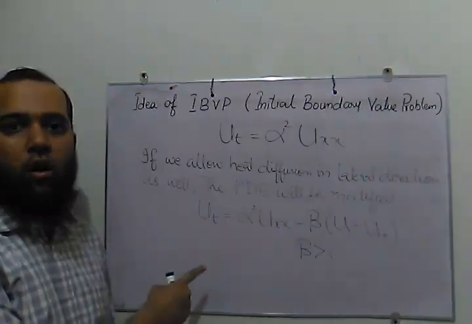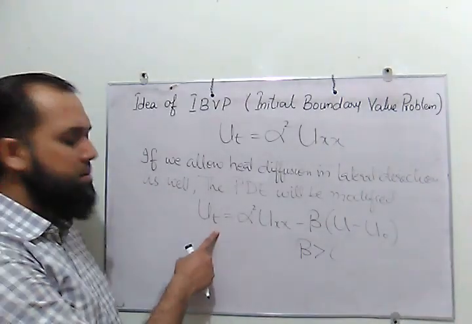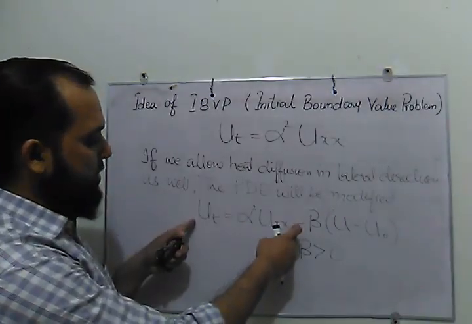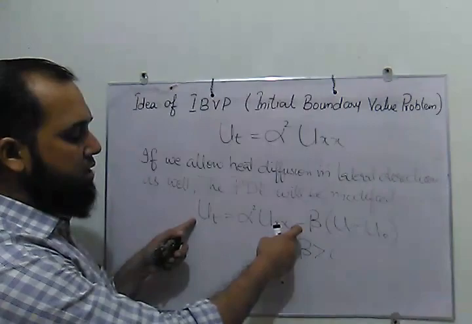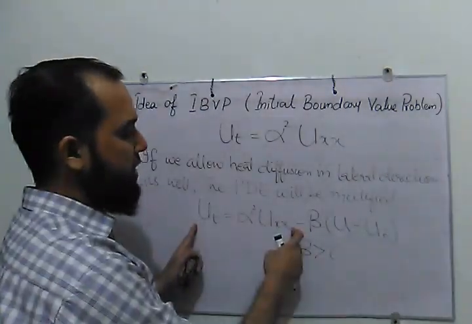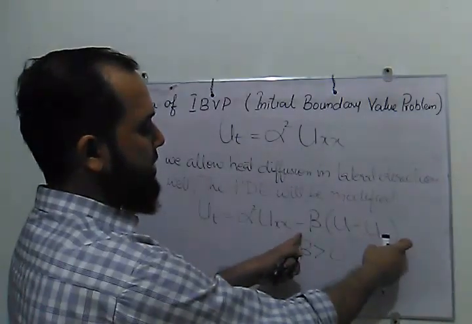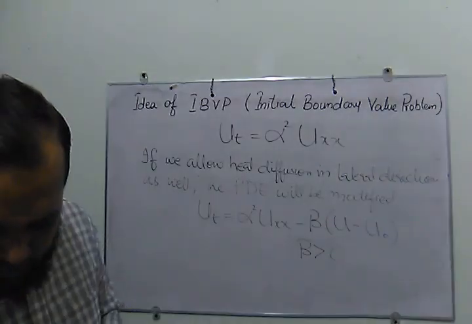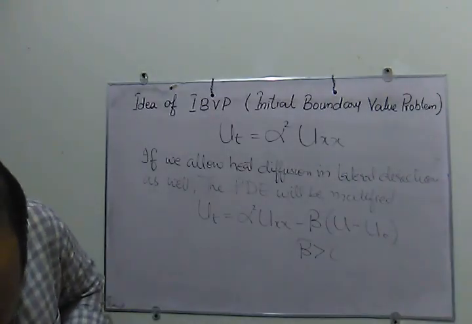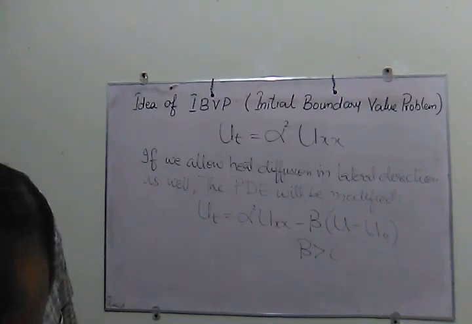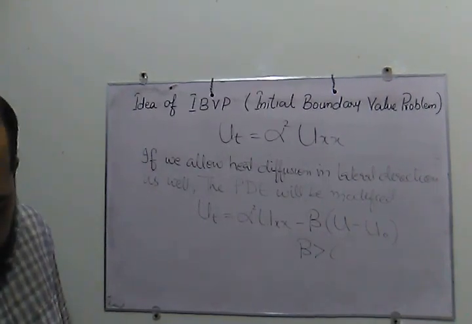The new form of the heat equation will become like this. Ut is equal to alpha square Uxx is the problem for one directional heat flow. But if we allow the heat flow in the lateral direction, then this external parameter is also added in the equation, and the equation will be modified in that form. And beta is a constant, a large constant as compared to alpha square.